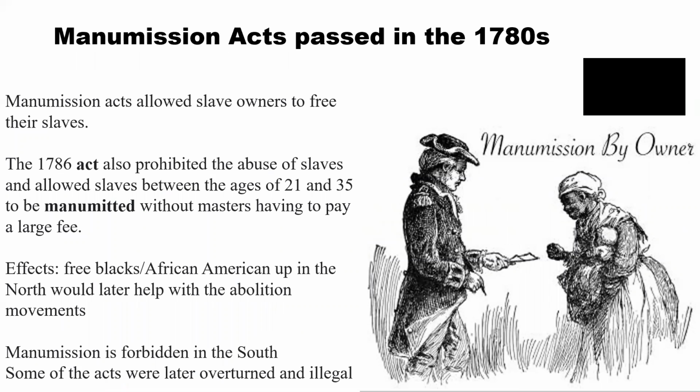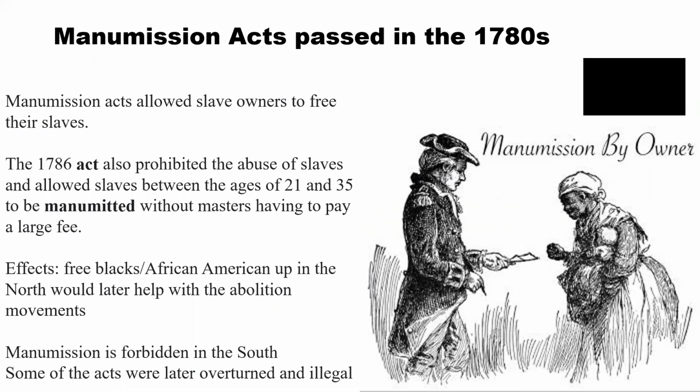Okay, so now we have the Manumission Acts passed in the 1780s. These acts basically allowed slave owners to free their slaves, and some acts even prohibited the abuse of slaves and allowed slaves to be freed without the masters paying a large fee.